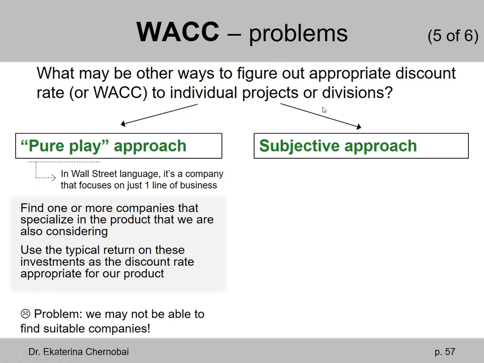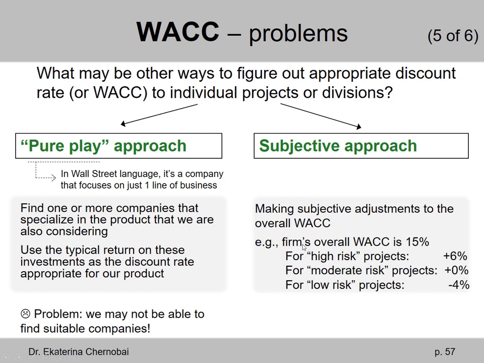Then there's another approach we could follow instead, the so-called subjective approach. So we are making subjective adjustments to our firm's overall weighted average cost of capital. Let's say our firm's overall weighted average cost of capital is 15%, but we are considering a project which is a lot riskier than anything we currently have.